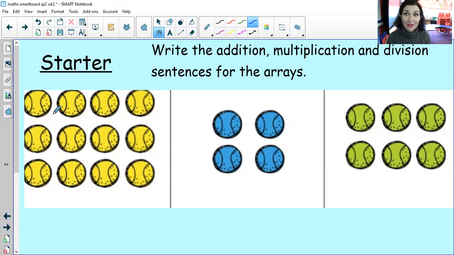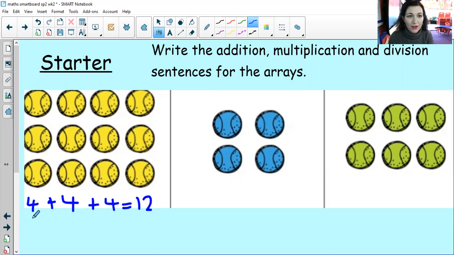Okay, Year 2, let's have a look what we've got here. So I've got 3, 6, 9, 12, and I've got 4, 8, 12 there. Well, let's start with the addition sentences. So 4 add 4 add 4 is 12.